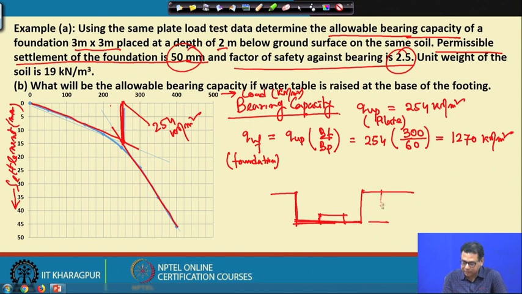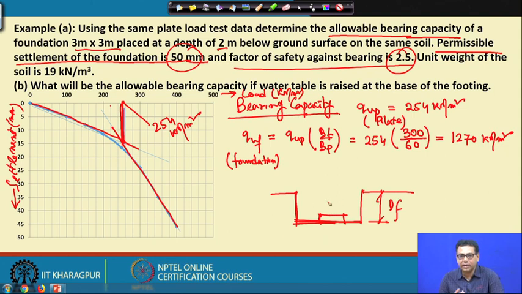So, this is the DF. So, that means this portion of soil is removed. So, we are not getting the resistance, or we are not getting the effect of this portion of soil. But when the construction will be there, after placing the foundation, you will also feel this portion of soil.